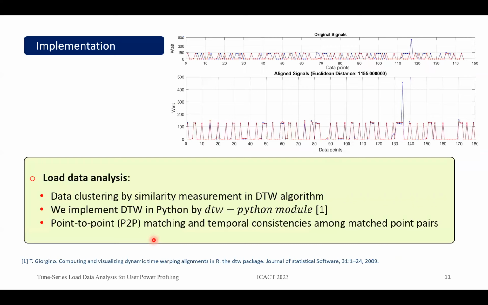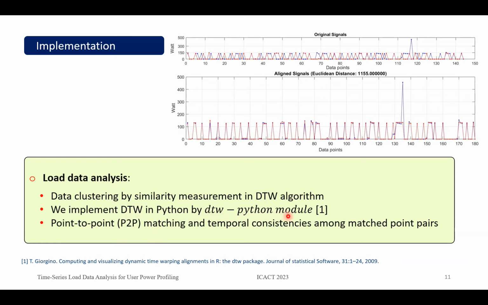Okay. The next phase is feature extraction of that data set. For each case, we have our data measurement, and you can see that. To extract the similarity or features of data consumption, we implement the DTW algorithm in Python by using the dtw-python module, a library available online.